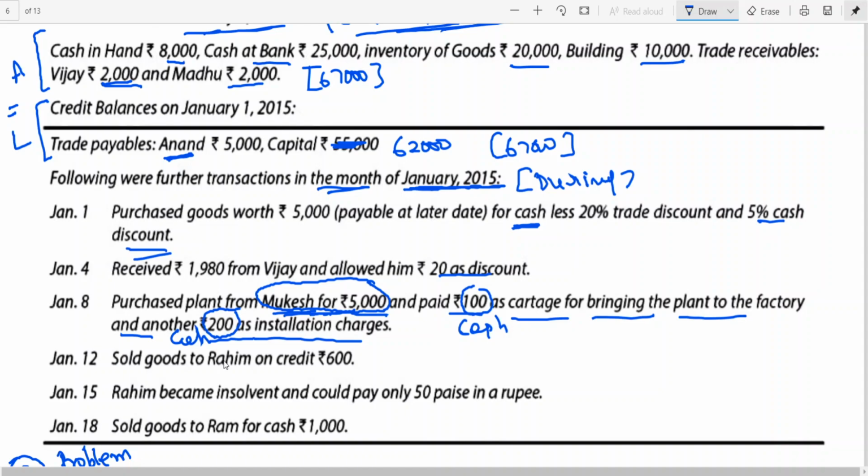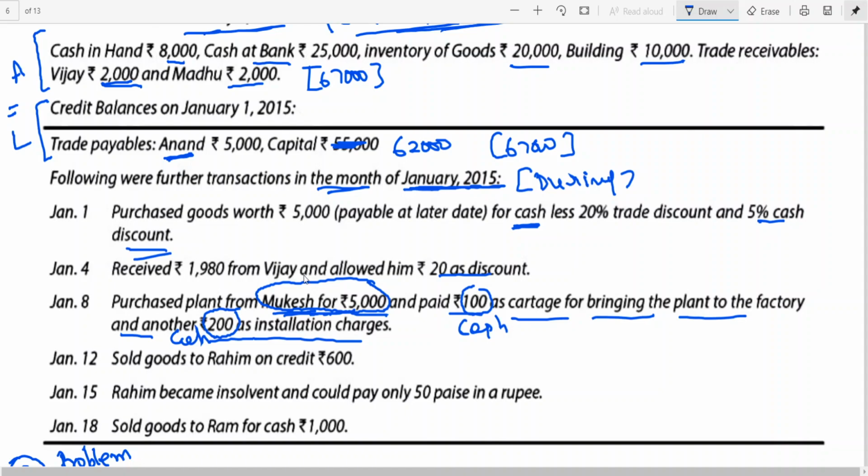I told you we'll be discussing that later on. It is to be added to the concerned asset. That means 5,000 rupees is the purchase of plant, transportation charges 100 rupees and installation charges 200 rupees. This 300 rupees shall be added to plant account, because without these charges you cannot use the plant. Clear to all of you?